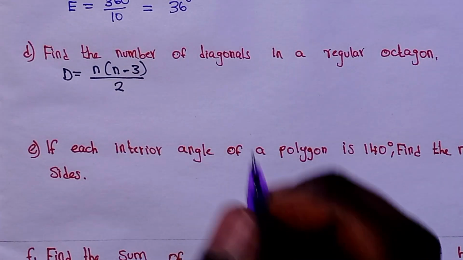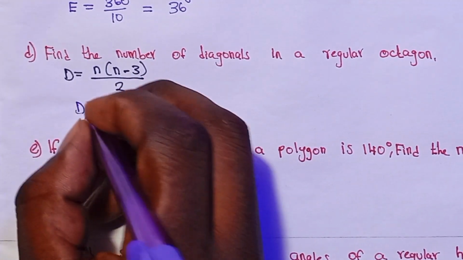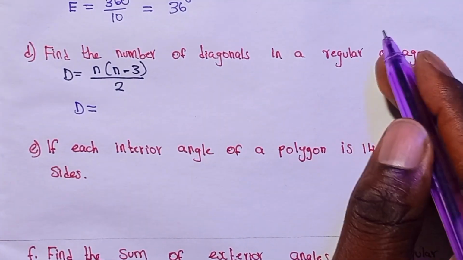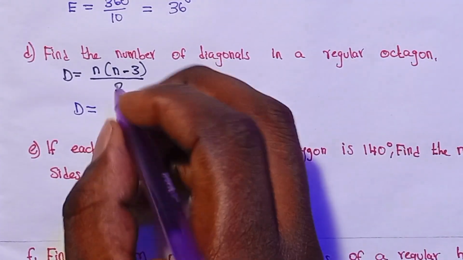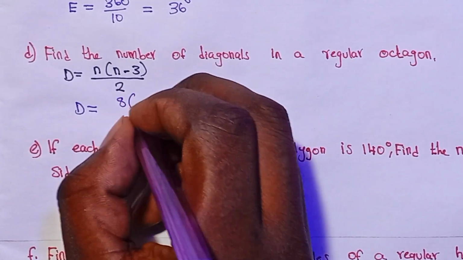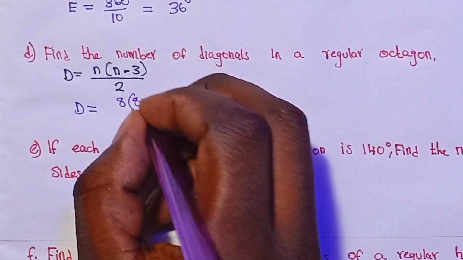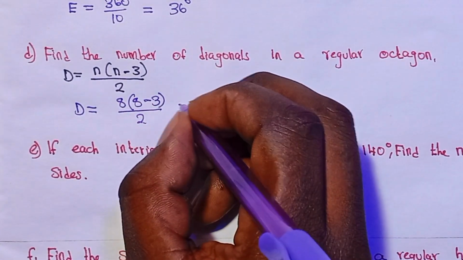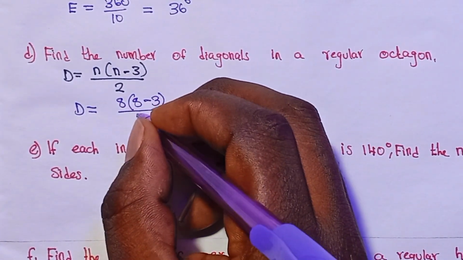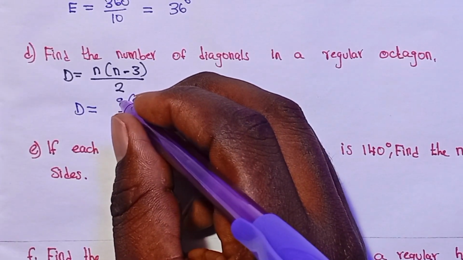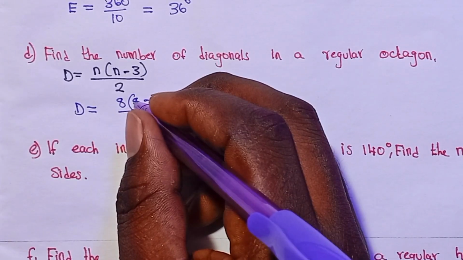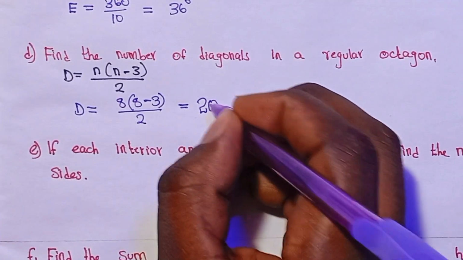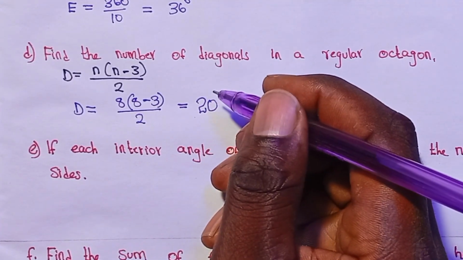So in our case, an octagon, as we saw earlier, has 8 sides, so d is given by 8 times (8 minus 3) divided by 2. So in this case, this is going to be 4 times 5, which is 20. So the diagonals are 20.